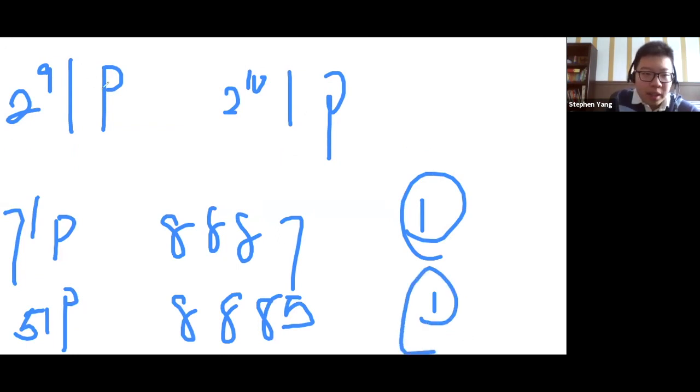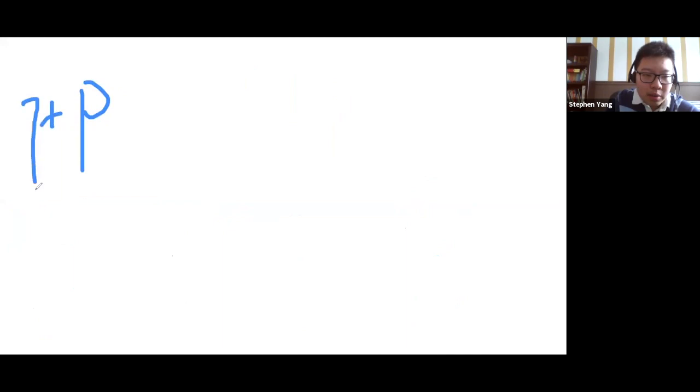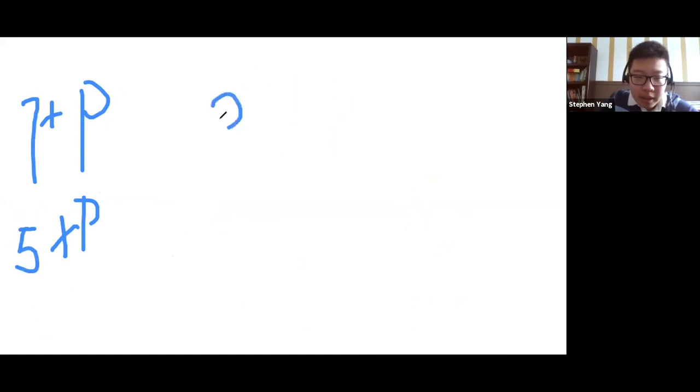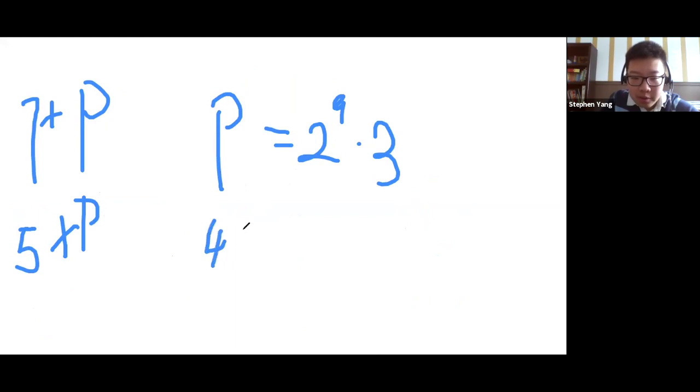And then when p is not divisible by 7 nor 5, p is equal to 2 to the 9th power times 3 to some power. 2 to the 9th power is achievable using 4, 4, 4, 8.